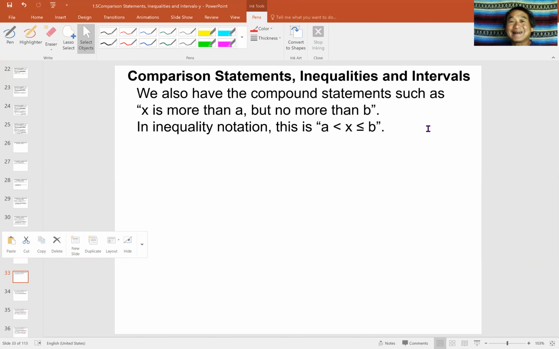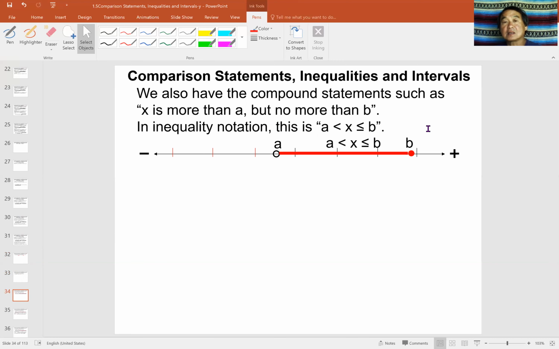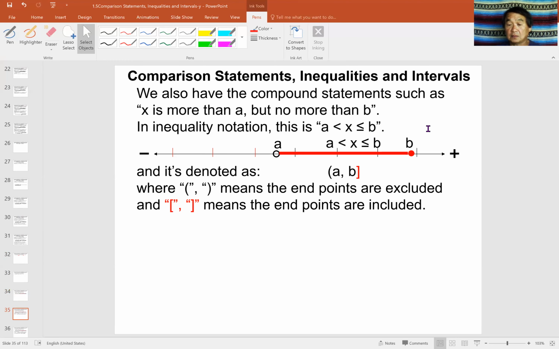So we will write our statements as inequalities, and this is the picture. I have the sentence, the inequalities, and the interval, and that will have the picture. That will have these interval notations and parentheses: the smaller number a is on the left, b is bigger, and a is not in it, so I use a round parenthesis. b is included, so we use a bracket.